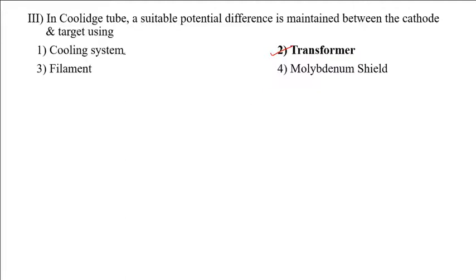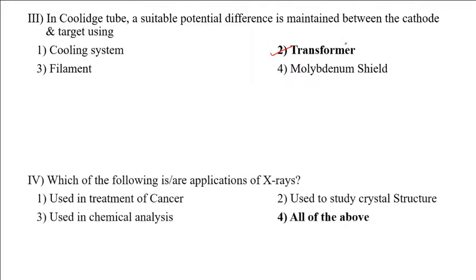So cooling system is used to dissipate the heat. Filament is used to emit the electron to create the electron beam. Molybdenum shield is used to focus the electron into sharp beam, and transformer is used to maintain a suitable potential difference between cathode and anode.